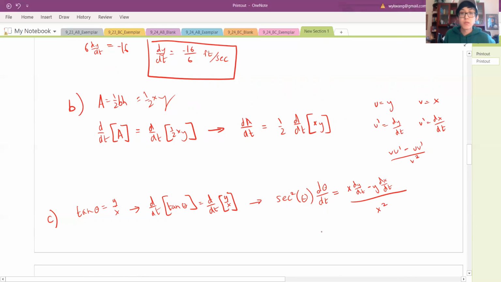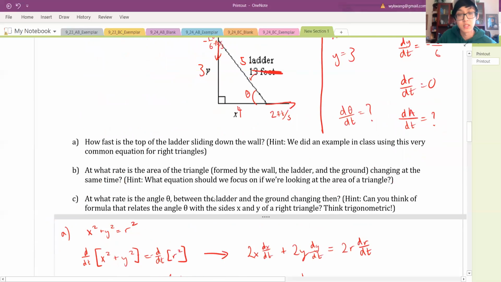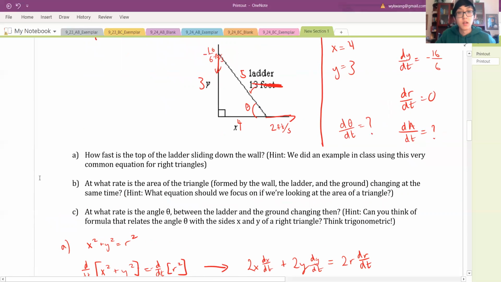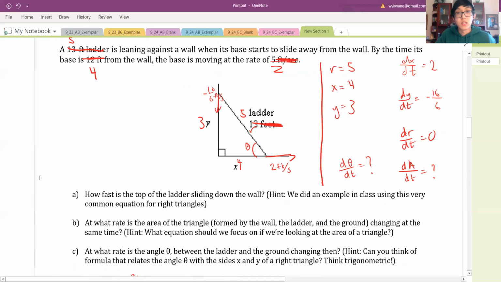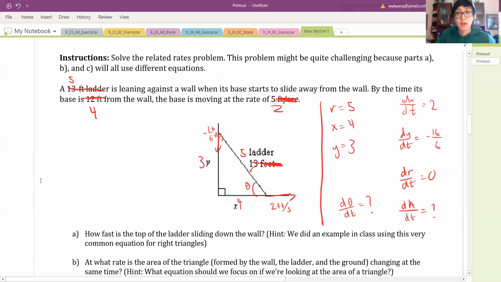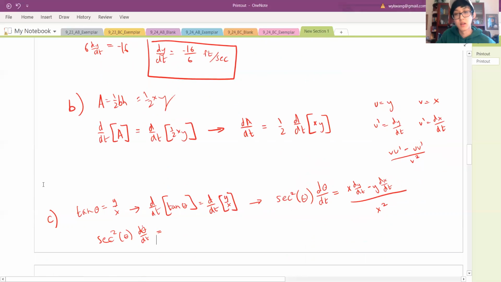Okay, so let us solve for everything. Secant squared theta d theta over dt is equal to x times dy over dt minus y times dx over dt, all over x squared.